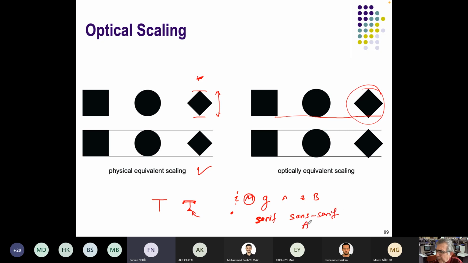Sans serif fonts are Arial, Verdana, etc. And this is Times, Calibri, etc. It is easier to read these serif fonts rather than sans serif fonts. Sans serif means not serif, because these edges have no additional balancing property.